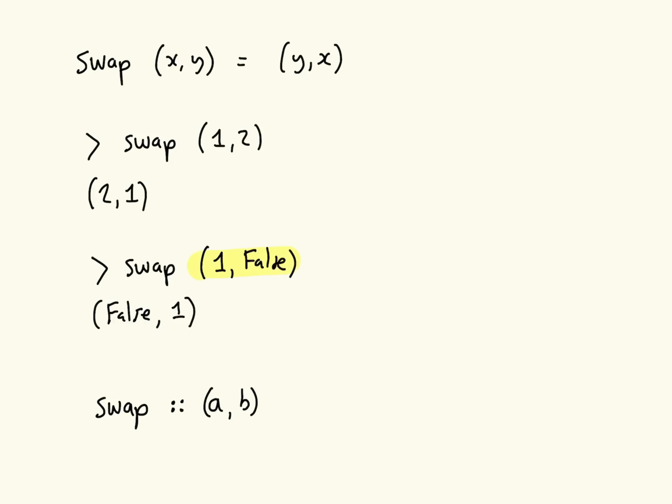Here we have an integer and a boolean. And then what it's going to give me back is the opposite. It's going to give me a pair of a B and an A. So it's a polymorphic function that takes a pair as its input and gives a pair in the opposite order as its output. Again, nice and simple.